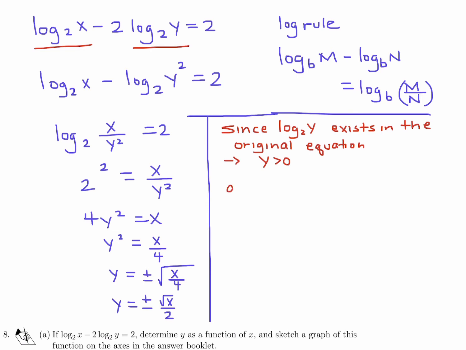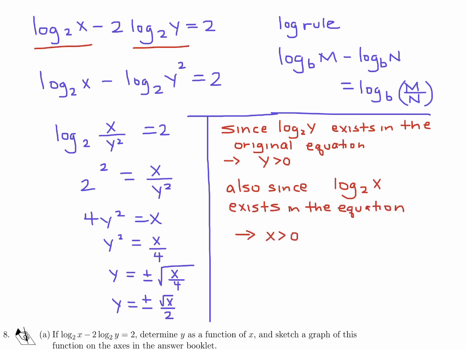And in the exact same way, since we also have the log of x to the base 2 in our original equation, that tells me that x must be greater than 0. So keep in mind greater than 0 for both y and x.